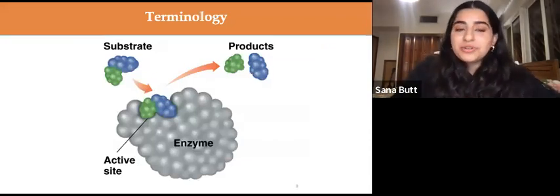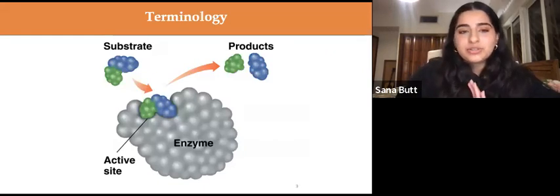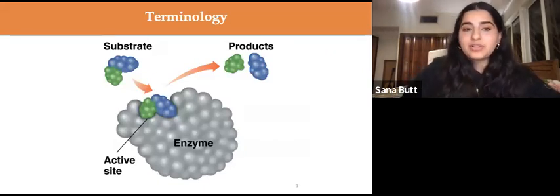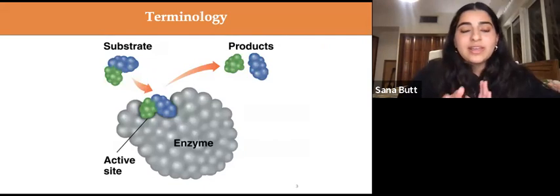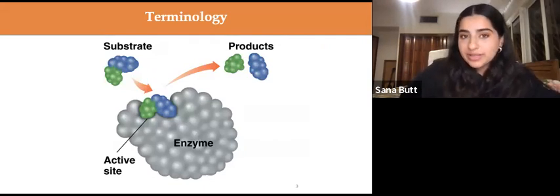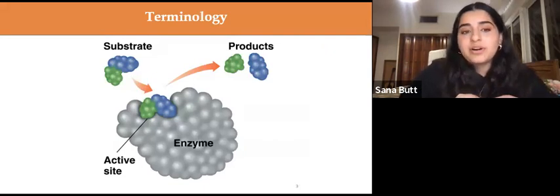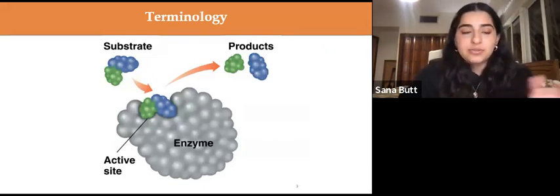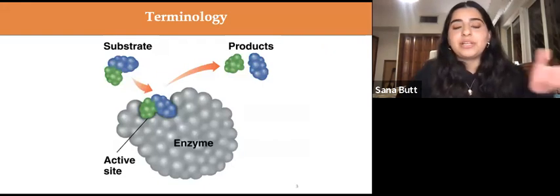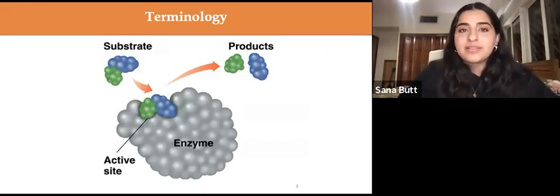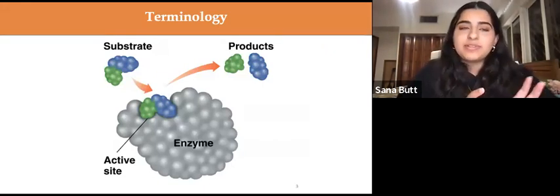The most important terminology to understand when talking about enzymes and enzymology is substrate, products, and the enzyme, along with the enzyme's active site. The substrates are your reactants, the things that you're putting into the enzyme. You can think of the enzyme as basically a factory.